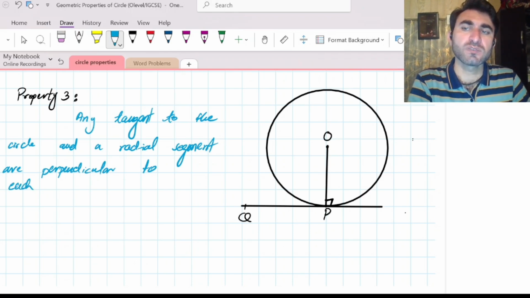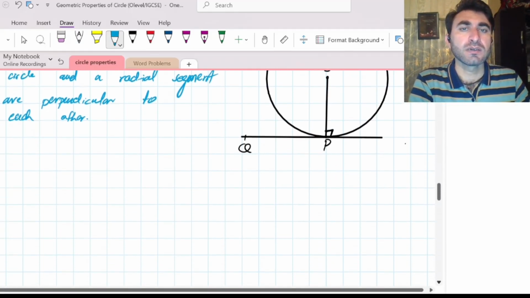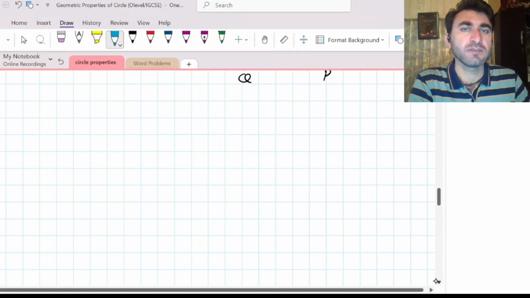This property is pretty simple. Let us discuss the next one, the fourth property, and that is a really important property.